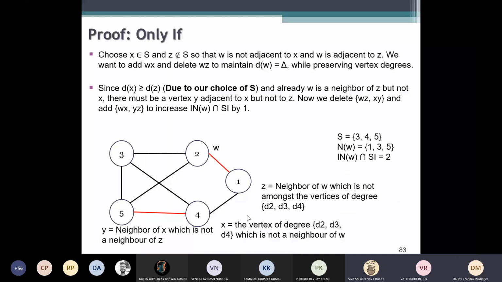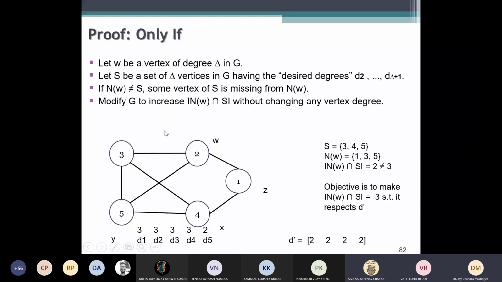To do this, what they say is to choose... So what is S? S is those vertices having the desired degrees d2, d3 and d4. So vertex 3, vertex 4 and vertex 5 have the desired degree. And NW is the actual neighbor of W, that is 1, 3 and 5.